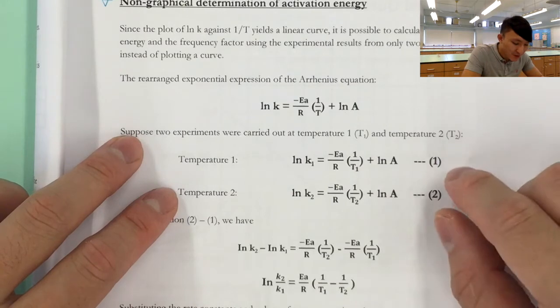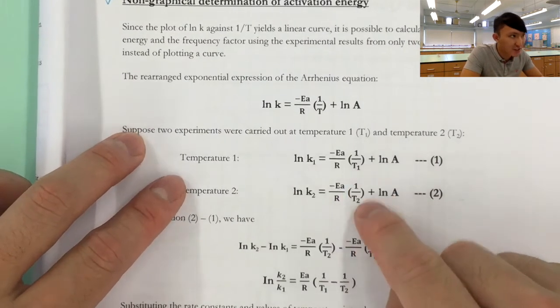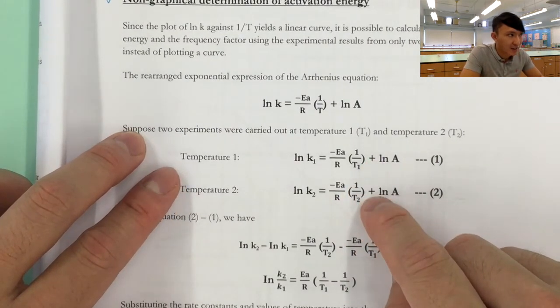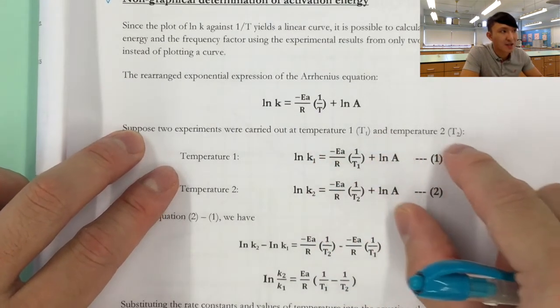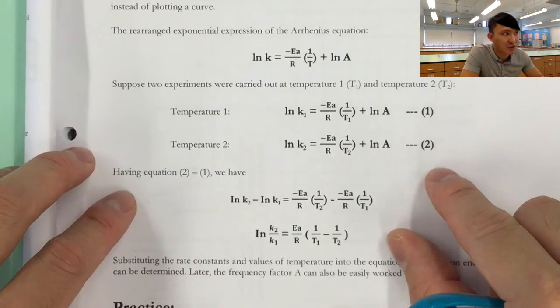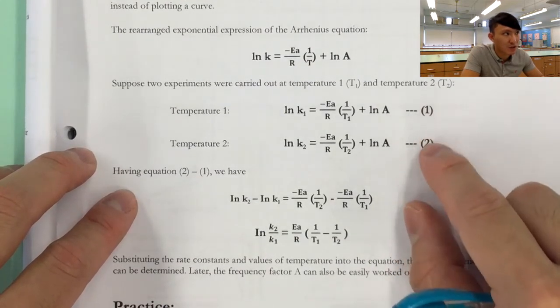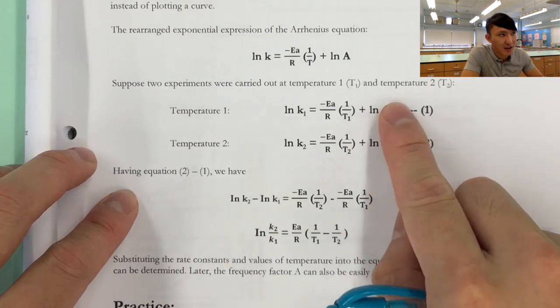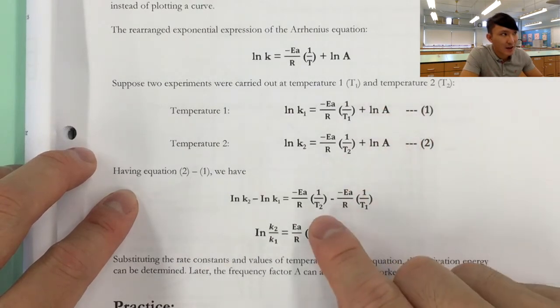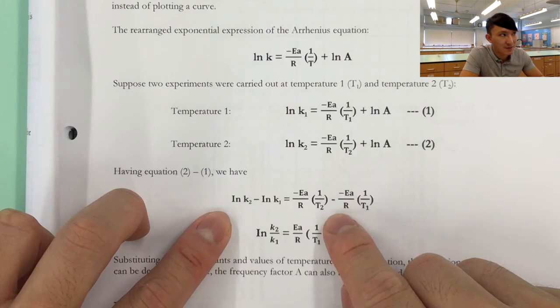Okay? So if you have 2 temperatures, T1, T2, and the corresponding rate constants K1, K2, then we form 2 equations, and then we can combine the 2 equations. We have 2 minus 1. When you do 2 minus 1, you can get rid of the natural log A, and then we have something like this. Okay?